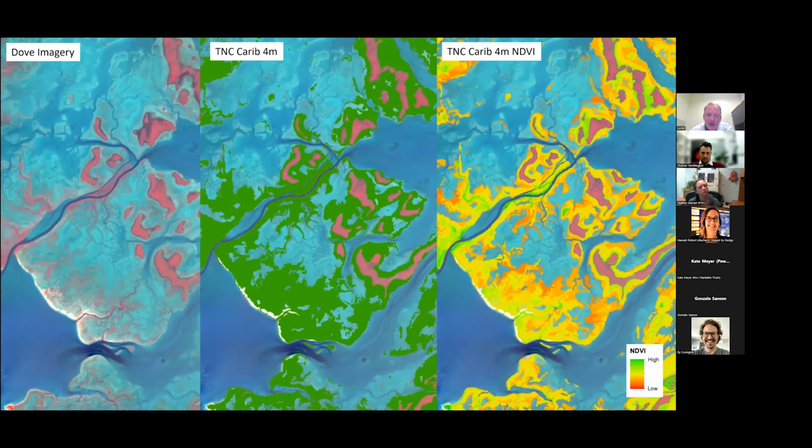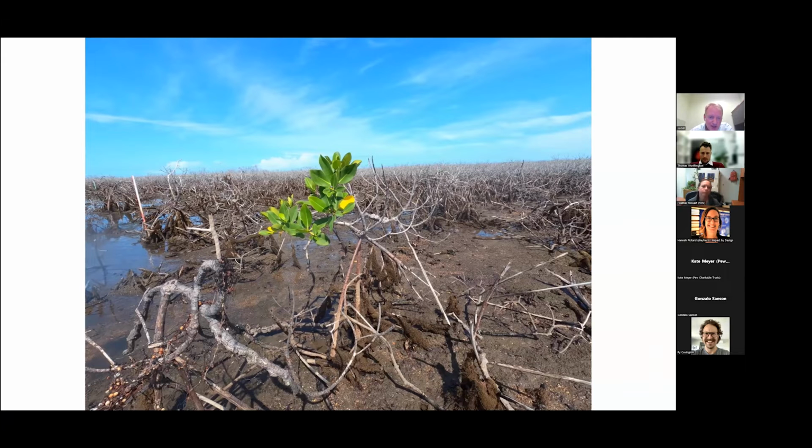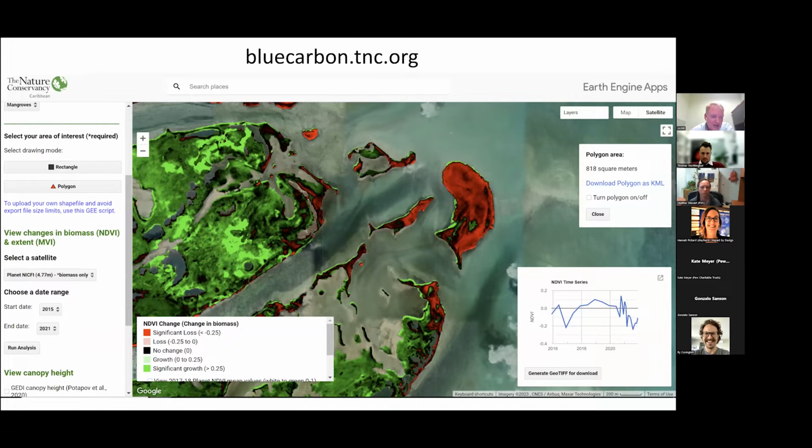One other thing is also tracking the recovery of mangroves. For example, Hurricane Dorian did incredible damage to the mangroves in Grand Bahama and Abaco. And we're using a tool called the Blue Carbon Explorer, at bluecarbon.tnc.org, which allows you to access the archive of satellite imagery, bring in the extent that we've mapped for mangroves, and then run analyses to see where mangroves are recovering and where there may be a need for intervention to restore those areas.